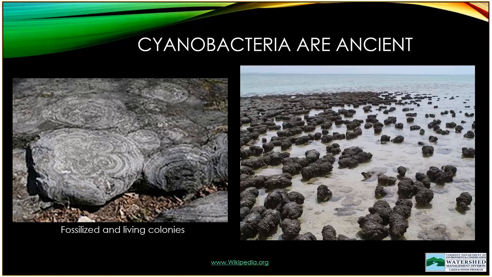The image on the left here is fossilized cyanobacteria colonies, large colonies fossilized, and the view is from a location in Australia, I believe. The image on the right is also from Australia. It's that exact same group of organisms, but those are living colonies now. Very little difference between the live colonies on the right and the fossilized colonies on the left. Cyanobacteria have been with us for a very, very long time.